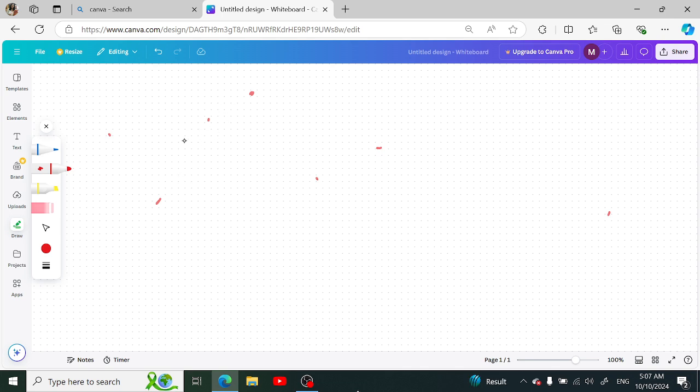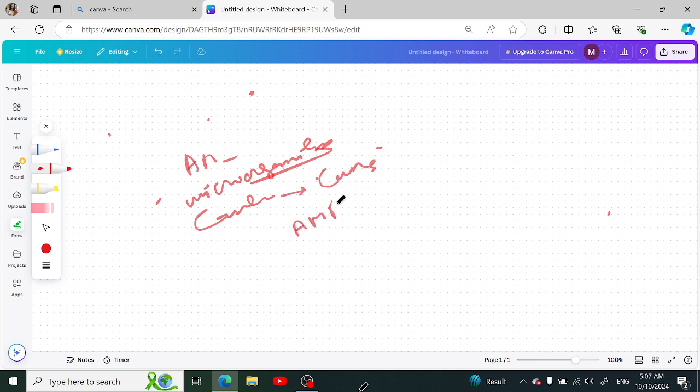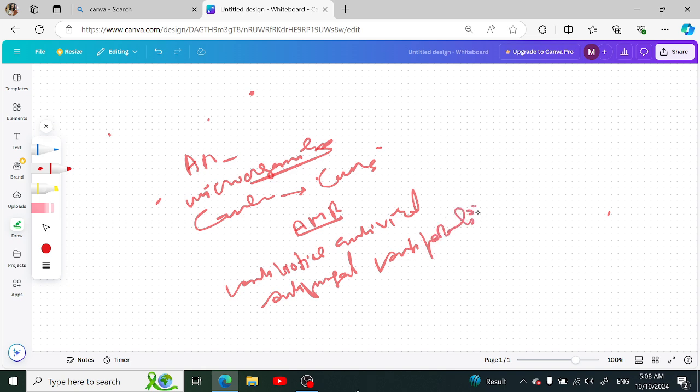Antimicrobials are medicines used to treat infections caused by microorganisms, and they include antibiotics, antivirals, antifungals or antiparasitics.